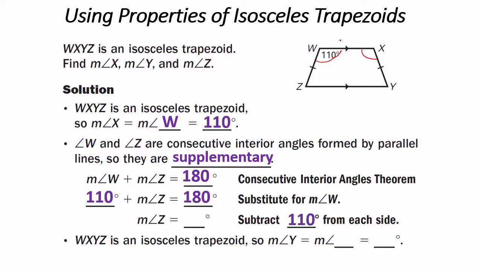Subtract 110 from each side, and we get that the measure of angle Z is 70 degrees. We know that the measure of angle Z is congruent to the measure of angle Y, because this is an isosceles trapezoid and the base angles are congruent. So WXYZ is an isosceles trapezoid, so the measure of angle Y is equal to the measure of angle Z, which is equal to 70 degrees.